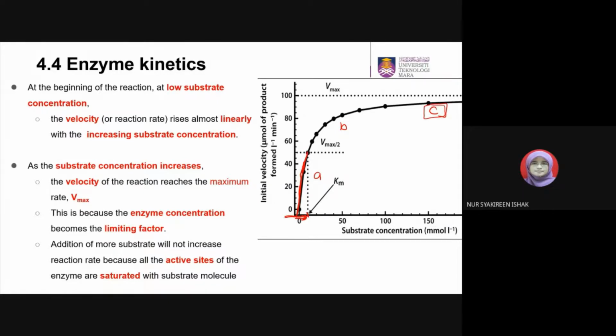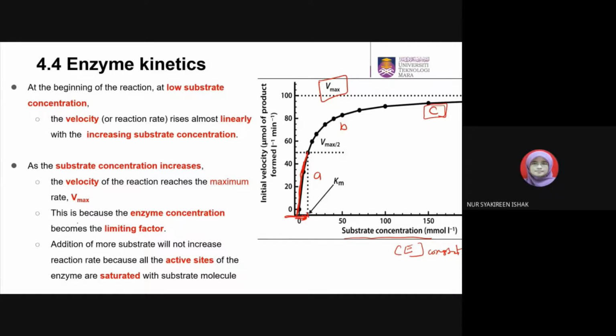As you keep on increasing the substrate concentration but you have a limiting enzyme concentration, the rate of reaction will reach its maximum rate. We call it Vmax, the maximum velocity. All active sites are occupied by substrate.